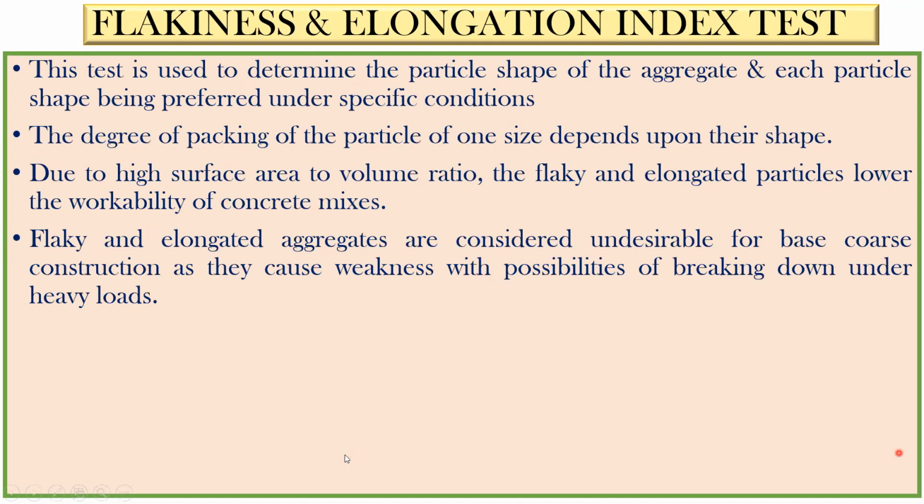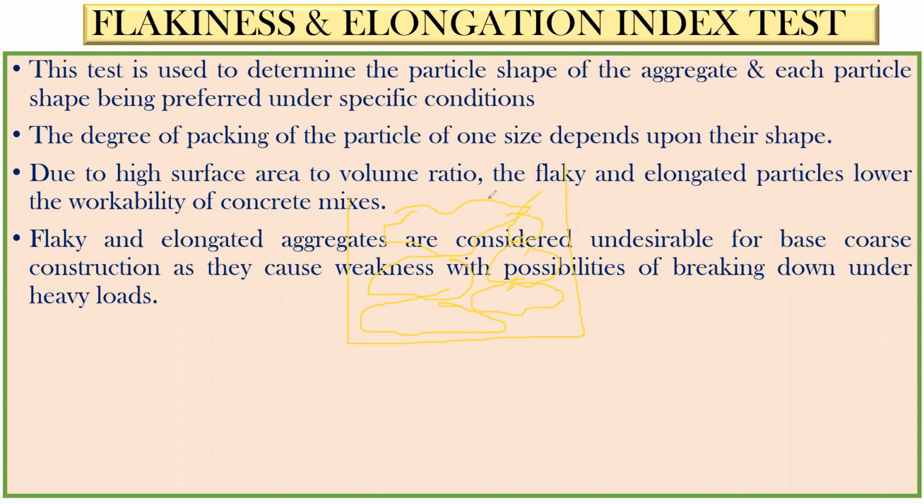So actually what happens is, since flaky aggregates and elongated aggregates are going to have a large surface area, right? So this is elongated, it is going to have a large surface area. So per volume, if this is a cylinder that I have, and let us say you have all flaky and elongated aggregates, then the surface area is more.